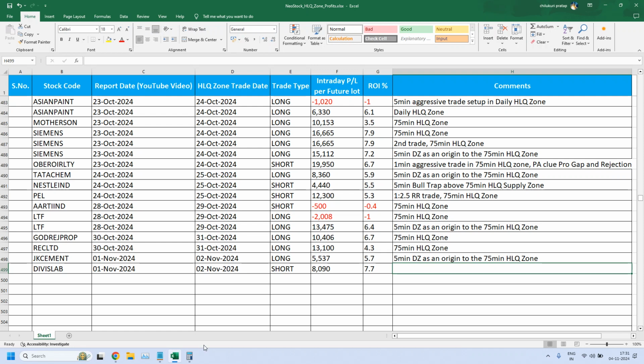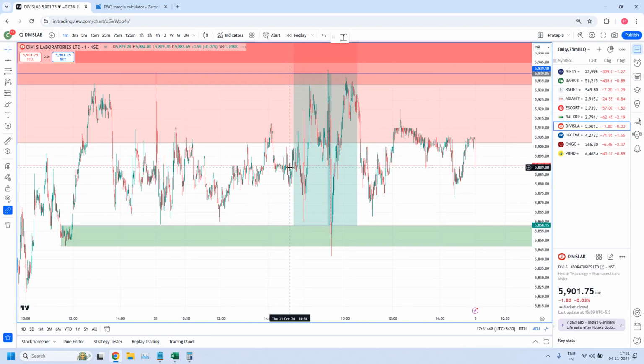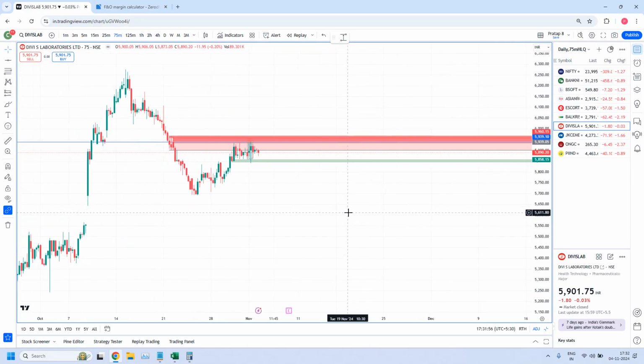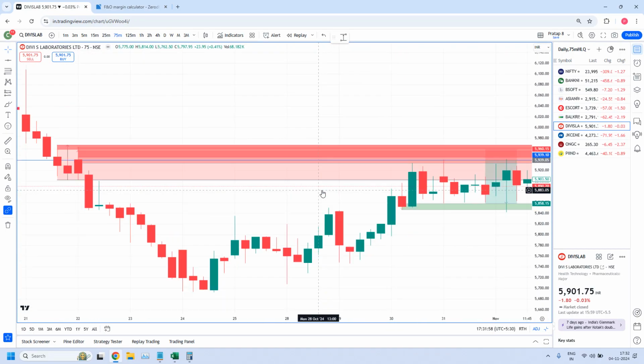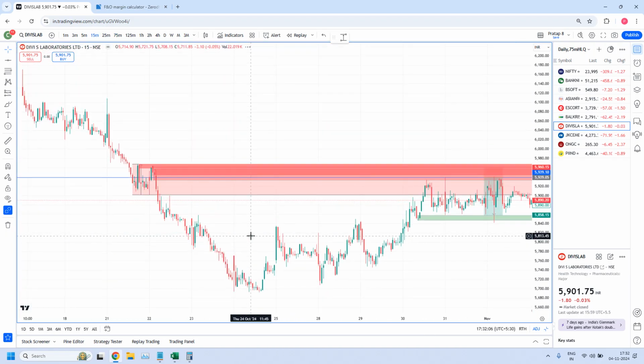And moreover, it is a fine-tuned zone. Okay, how I fine-tuned, I didn't explain you, right? Okay, let me get into that. This is a 75-minute zone. This is a 75 drop, 3 base candles and drop. And we have 15 minutes fine-tuned area.